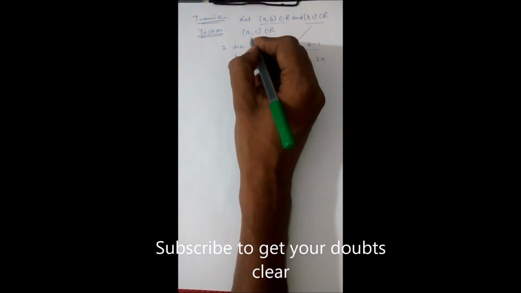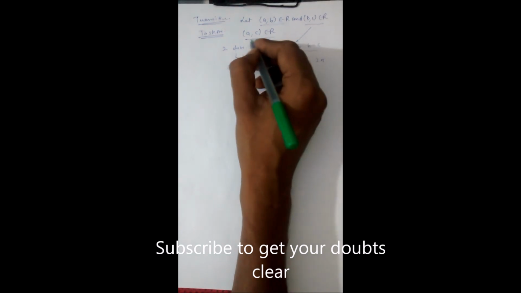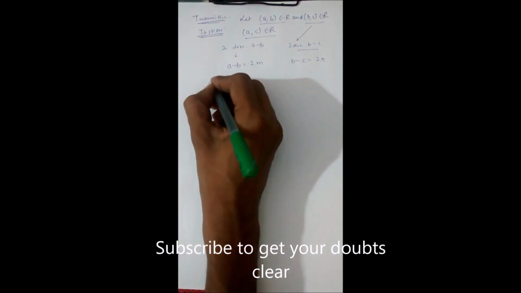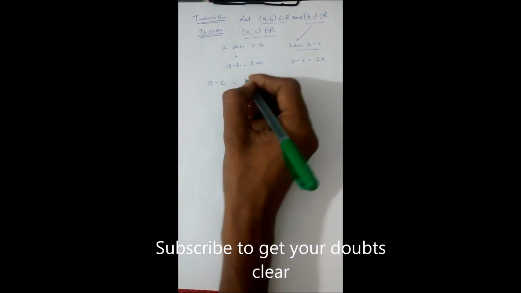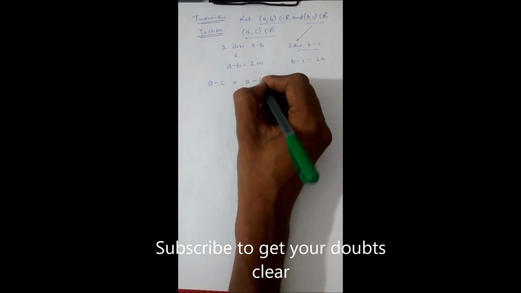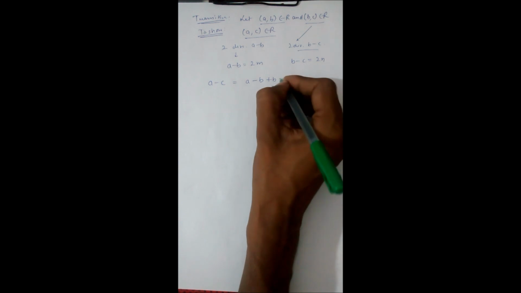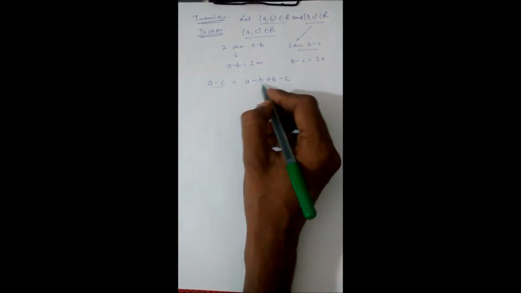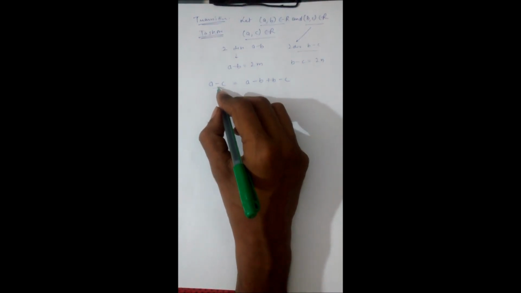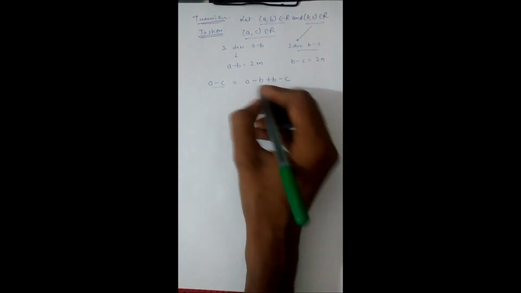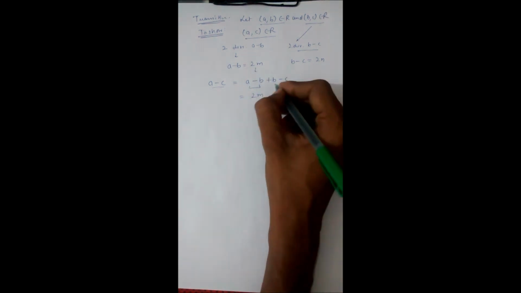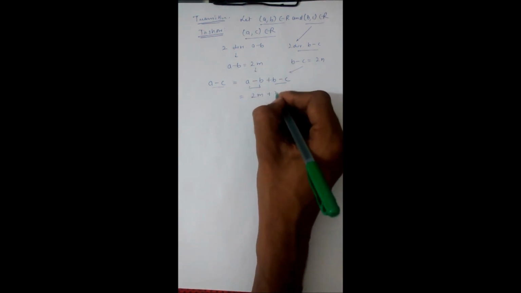Now I need to check whether a minus c is divisible by 2 or not. So I can write a minus c as (a minus b) plus (b minus c). I just add b and subtract b in this. Now a minus b was nothing but 2m and b minus c was 2n.